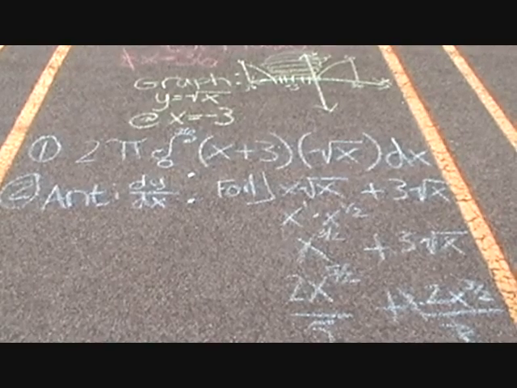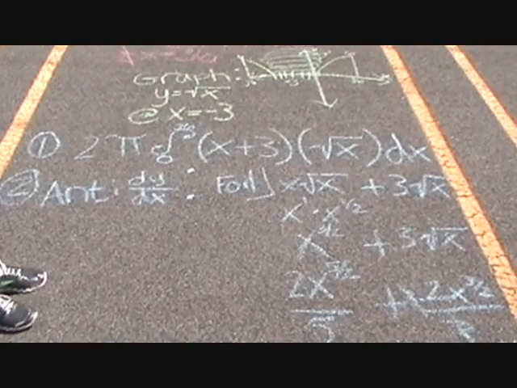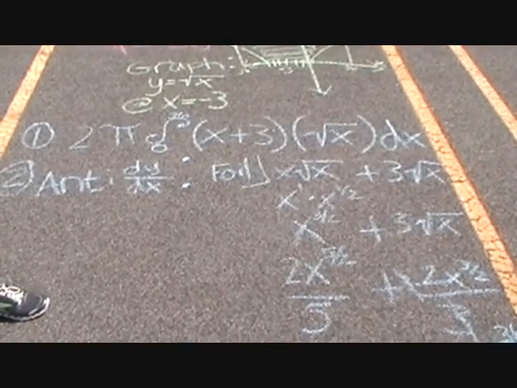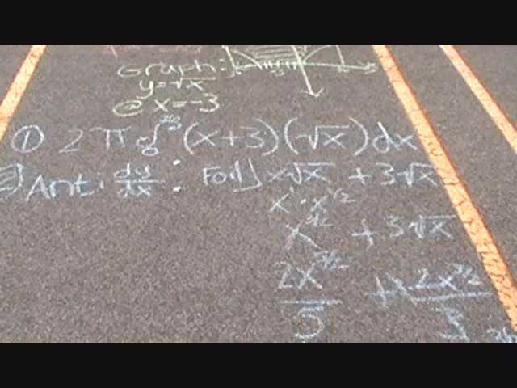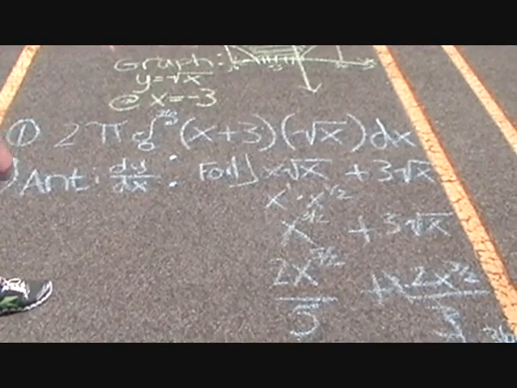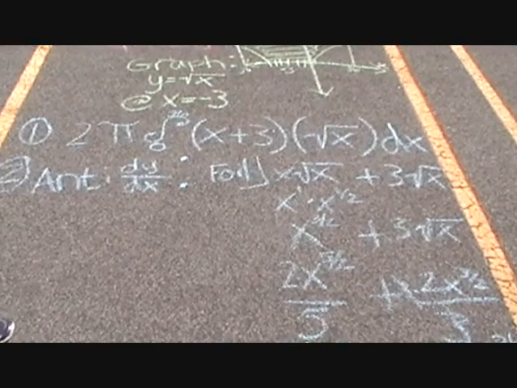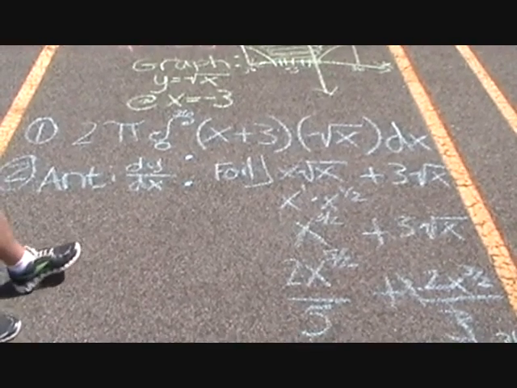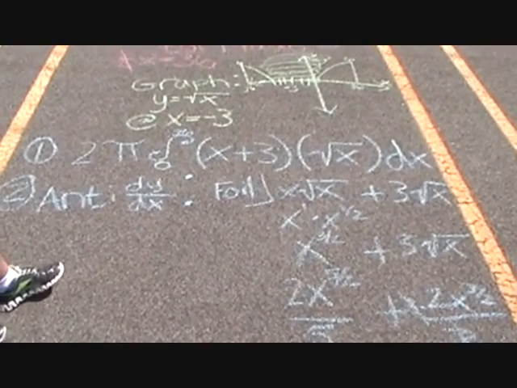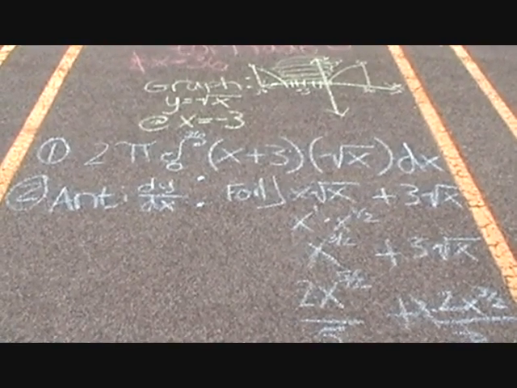Then you take that function and you multiply it by the function that is representative of the tornado, which is y equals √x. And then we have our dummy variable dx. So our whole integral function looks like 2 pi, the integral from 0 to 36 of x plus 3 times √x dx.